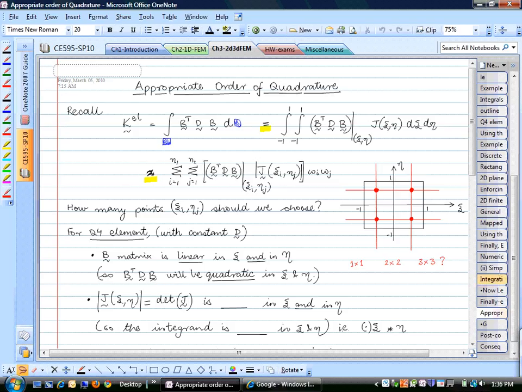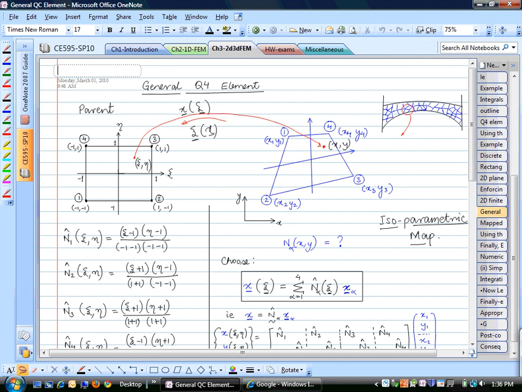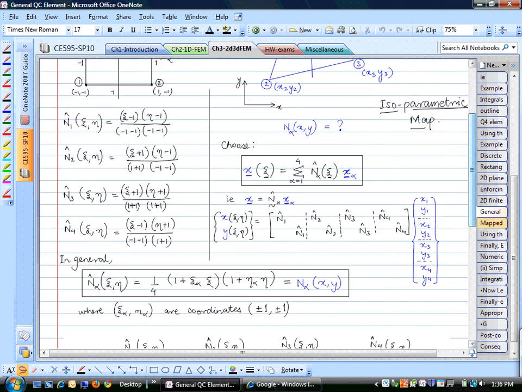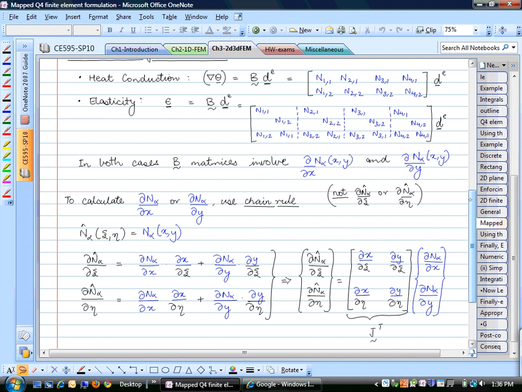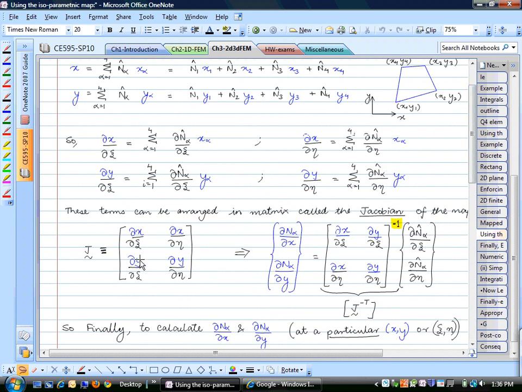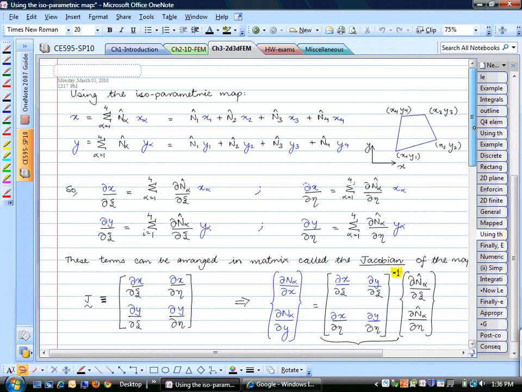Let me pull up the derivative matrix for B. Right here, these are all derivatives of the shape functions with respect to x and with respect to y. And after we map this element back to the parent coordinates, we can calculate all these B matrices using the Jacobian. So the new B matrix contains all these kinds of terms.